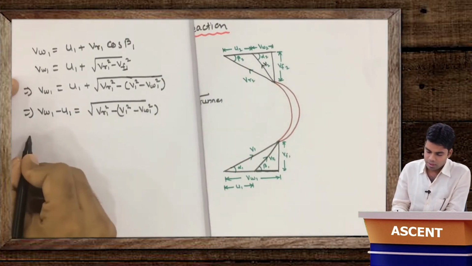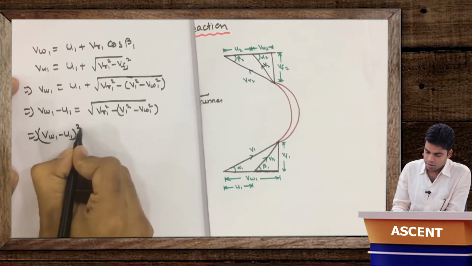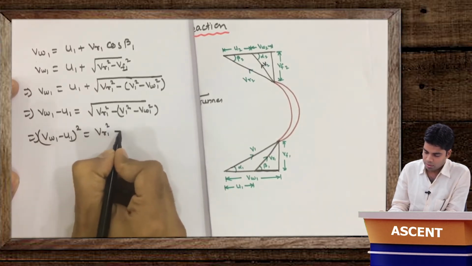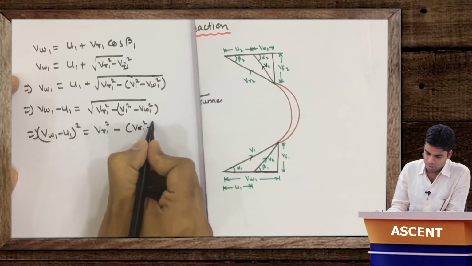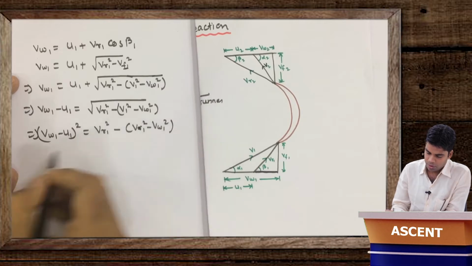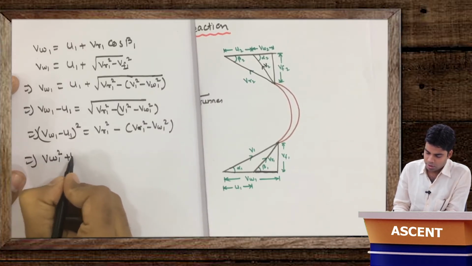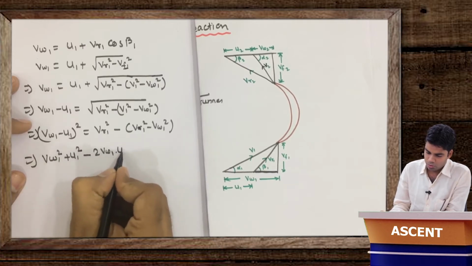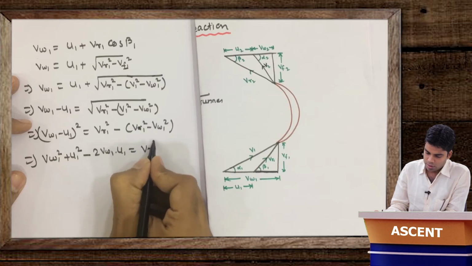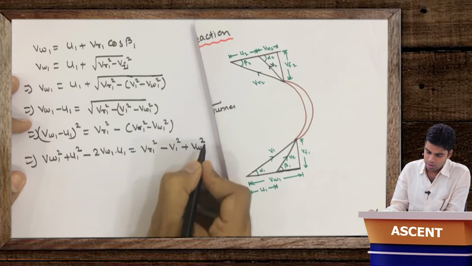Now squaring both sides, we will get (VW1 minus U1) whole square is equal to VR1 square minus V1 square plus VW1 square. Okay, now opening the bracket, we will get VW1 square plus U1 square minus 2 VW1 U1 is equal to VR1 square minus V1 square plus VW1 square.